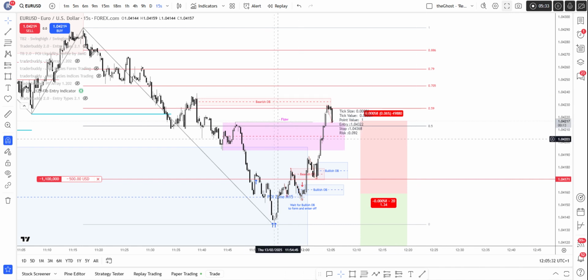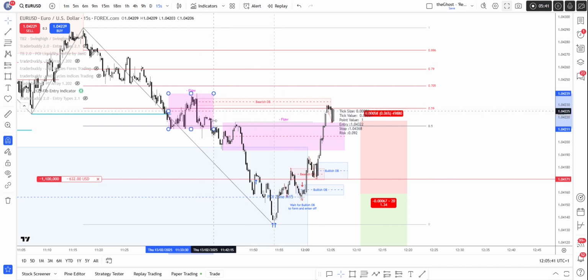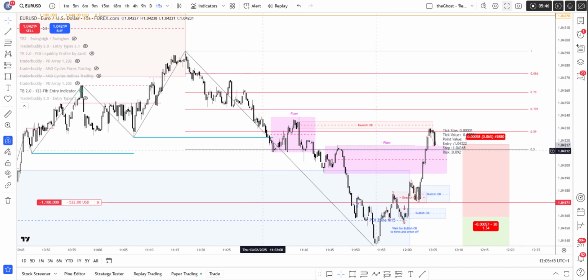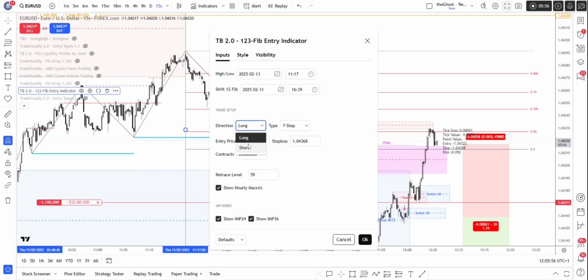Just for completeness' sake, there is another order flow up here, and the order flow was mitigated right here, but there was still something open. So let's see, do we have more order flow? Then we need to shift the indicator again. That'll make it a lot easier. So go for the short.